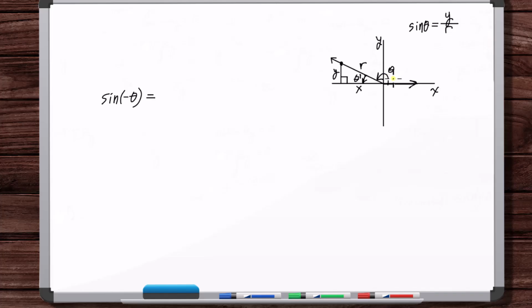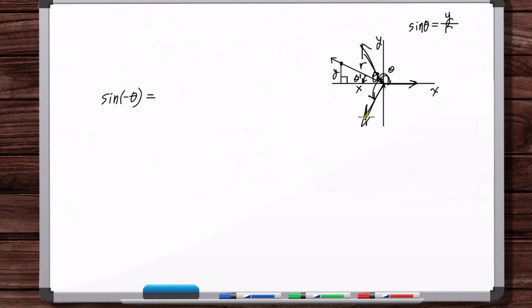And if we drew this angle into the third quadrant, so we went 180 and then about 60 after 180, then going in the negative direction you would go 180 and then about 60 after 180.